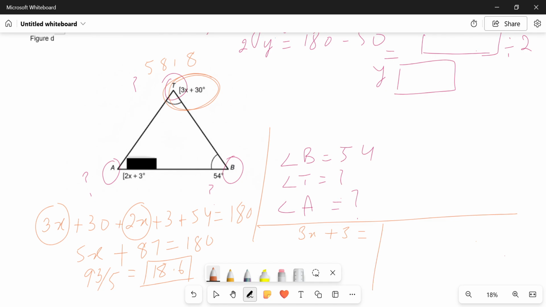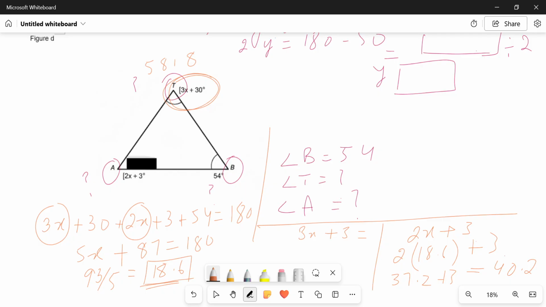The second one is 2x plus 3, and the x value we have found is 18.6. 2 multiplied by 18.6 is 37.2, and then plus 3, so we will get 40.2.